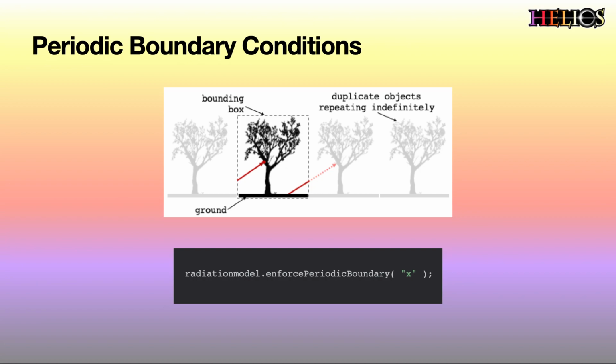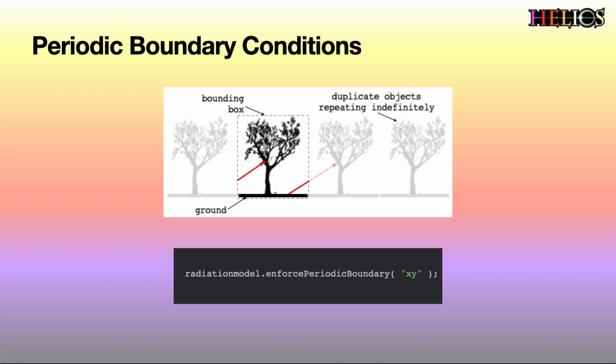And so this effectively simulates what would happen if you had that box infinitely repeating in all directions. We can have a periodic boundary just in the x direction or just in the y direction, or we can have it in the x and y direction. And this is specified using this enforced periodic boundary method within the radiation model that we'll illustrate through examples in a future video.